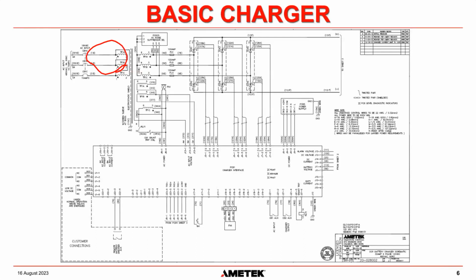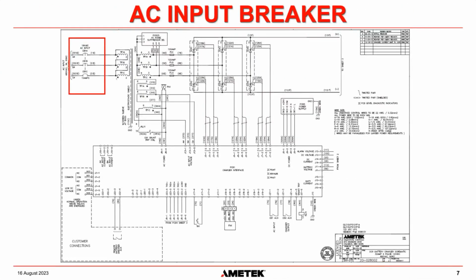Then we have our fuses here. And then we have our SCRs, top and bottom here. And then this is the output of the system. We have our control board down here and some other parts of the circuits down there as well. So those are the main components on an AMETEK solid-state control charger.